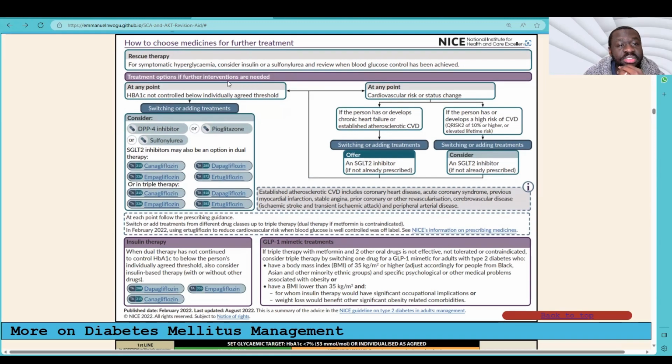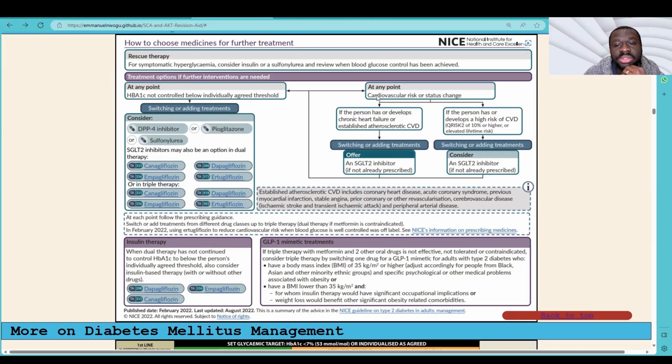If HbA1c is not controlled below the individually agreed threshold, you switch or add on something else. Consider DPP-4 inhibitors, pioglitazone or a sulfonylurea. SGLT2 inhibitors may also be an option in dual therapy or in triple therapy.